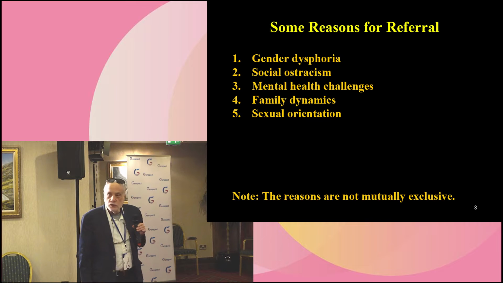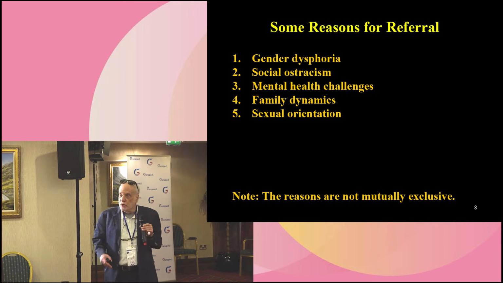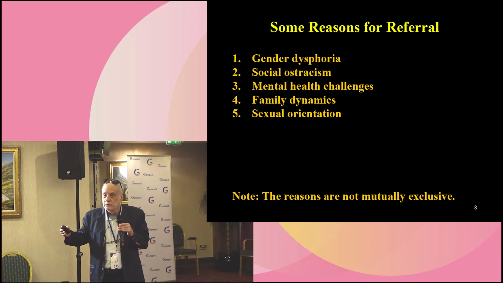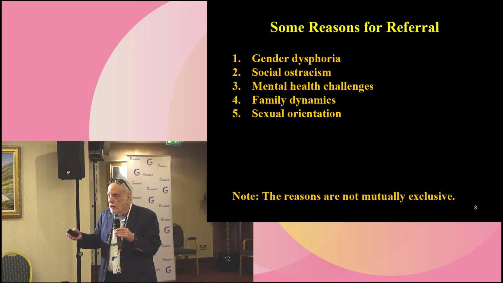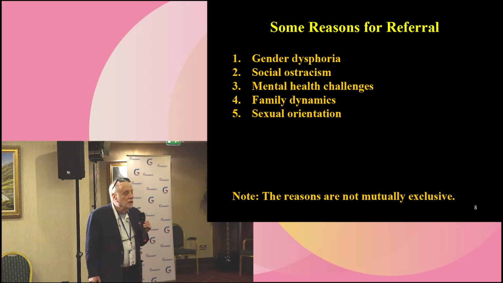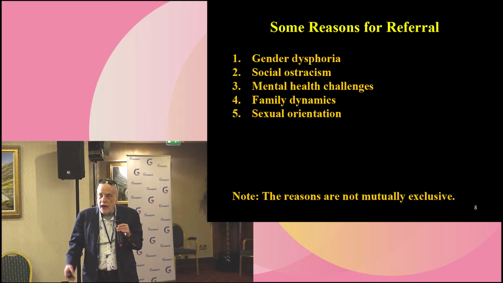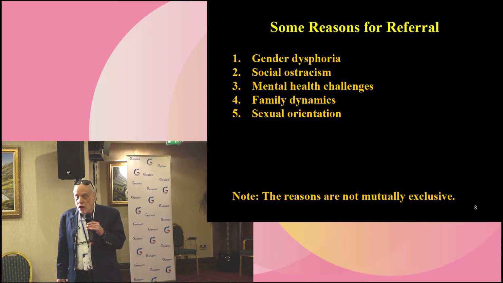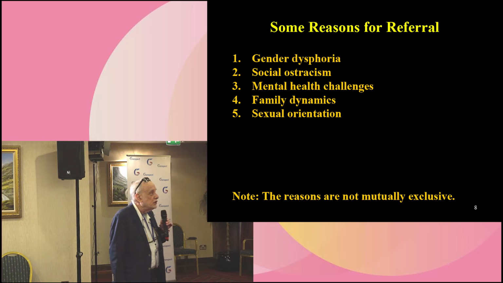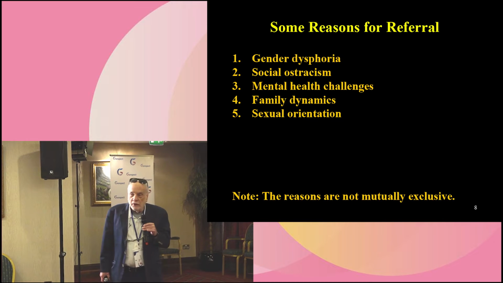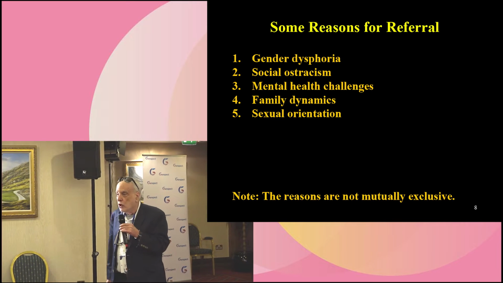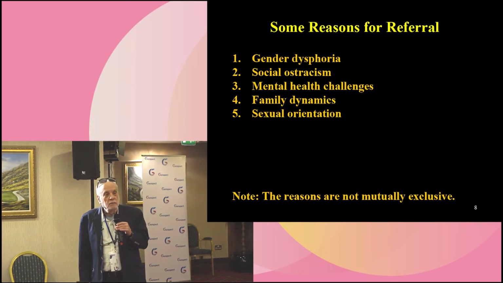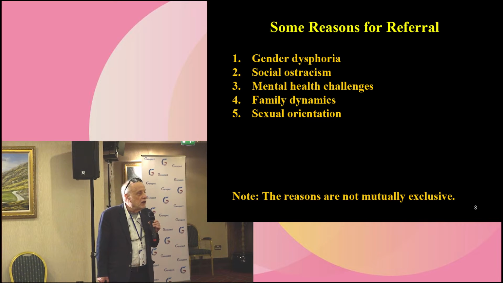And these were, I would say, the most common reasons that a referral was made by parents or a family doctor or a teacher. They felt the child had gender dysphoria or was unhappy about their gender, concern about social ostracism because of gender variant behavior, that these kids had other mental health challenges, which has been a pretty common finding in our work over the years.